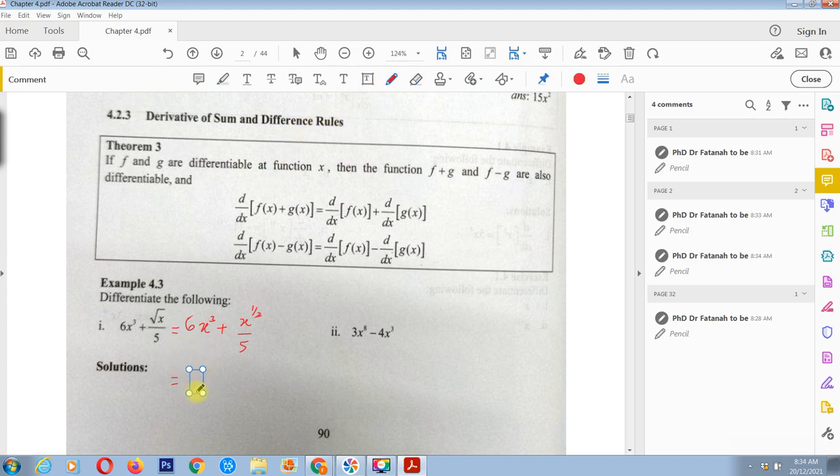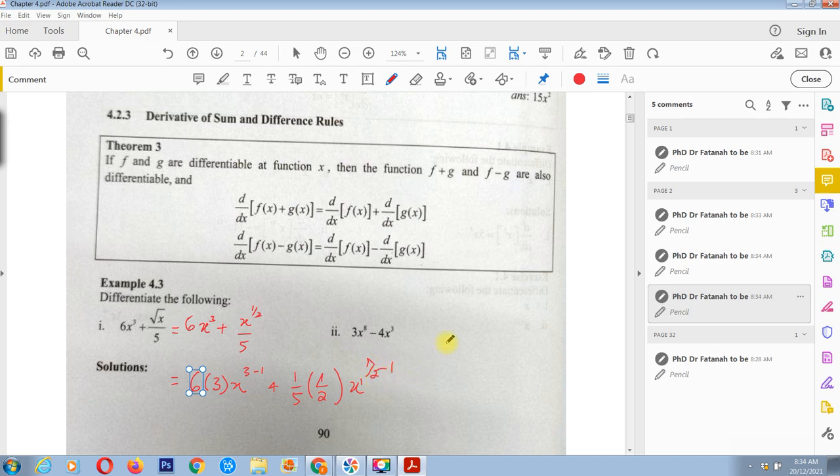We have 6, and then 3, and then x to the power of 3 minus 1, plus 1 over 5, and then 1 over 2 we put in front. 1 over 2 I just copy, and 1 over 2 minus 1, and then we simplify. We have 18x squared plus 1 over 10 x to the power of negative 1 over 2.